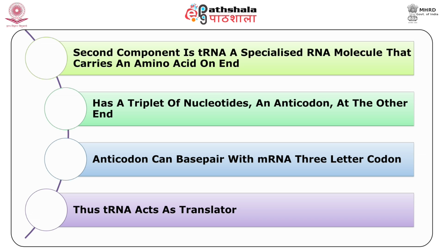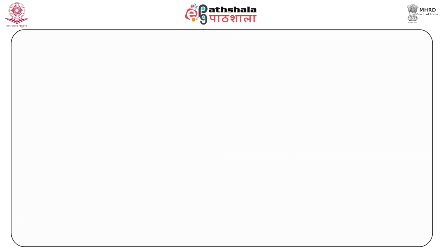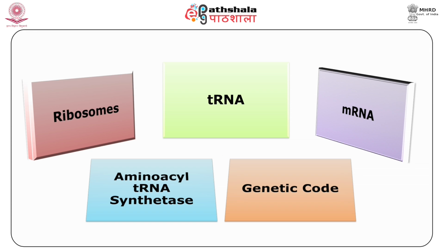Thus, the tRNA acts as the translator between mRNA and protein by bringing the specific amino acid coded for by the mRNA codon. Ingredients involved in translation. The ingredients required for translation are ribosomes, tRNA, mRNA, aminoacyl tRNA synthetase, and genetic code.